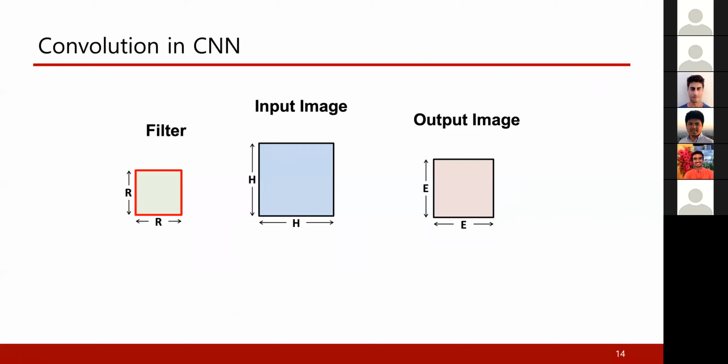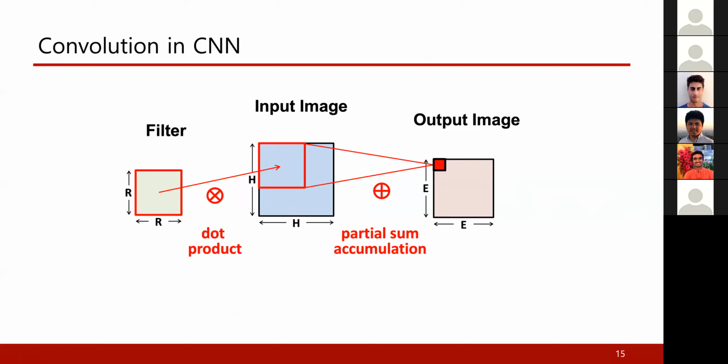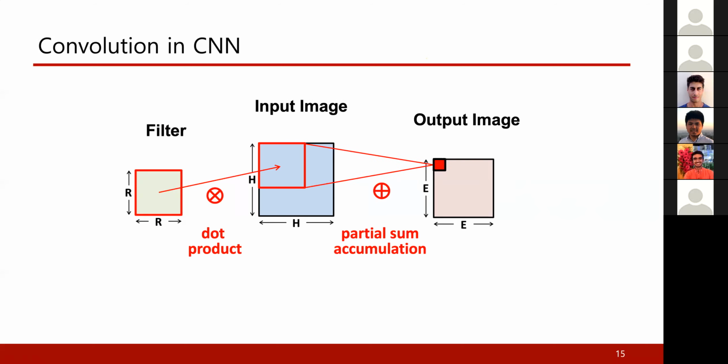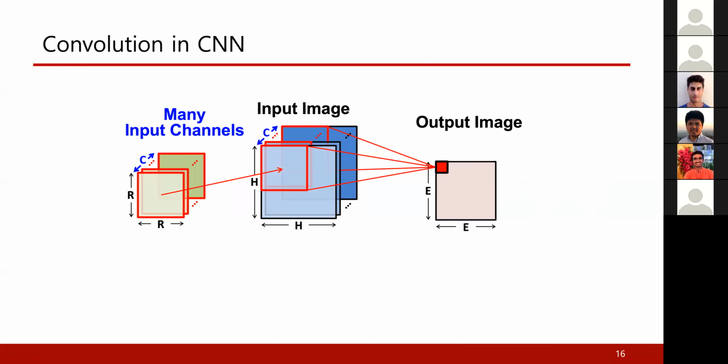In convolutions, what we do is slide the filter window over the input image to generate one output image. This was a simple example of only one channel, but in real cases we have multiple channels, and then we also have to accumulate across those channels to generate this output image.